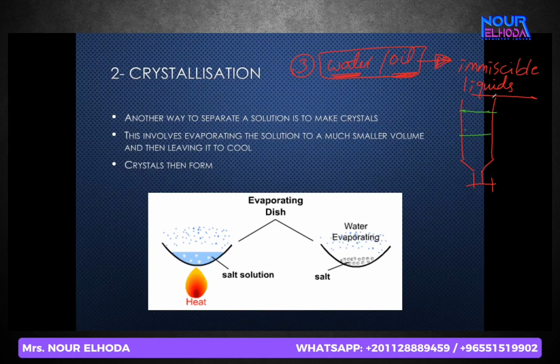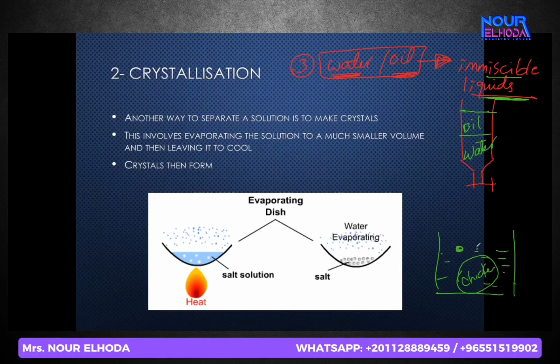So if I'm going to say immiscible, if I'm having immiscible liquids, as I said, what do I mean by immiscible? Immiscible means they don't mix. If you are having water and oil, you're going to find that the oil is up and the water is down. Why? Because they will not mix together. Imagine when your mother makes chicken and she is boiling it, she's putting some water.